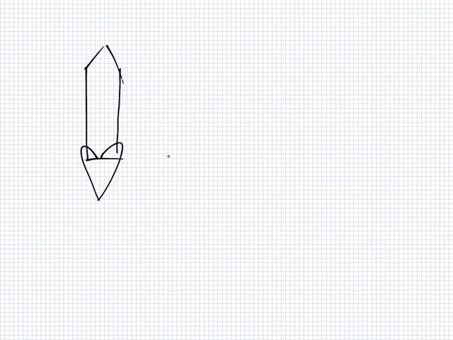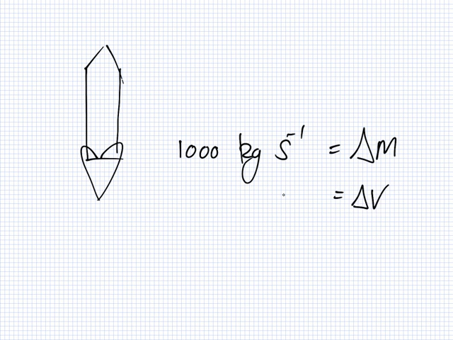So we'll say that the gas comes out at, let's say, 1,000 kilograms per second. That's how much gas comes out per second. And let's say the speed of the gas is 200 meters per second.